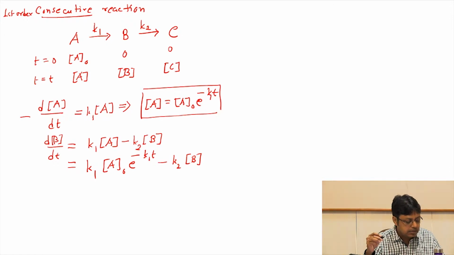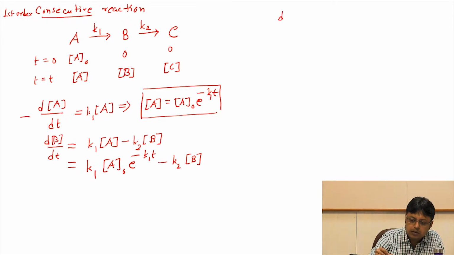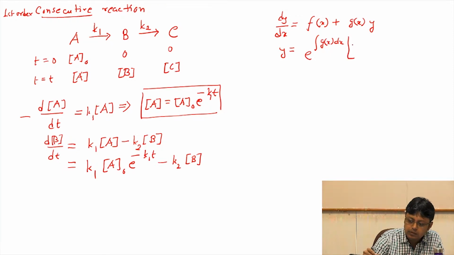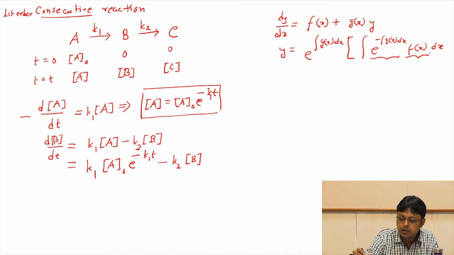For that we will use a standard integral. If dy/dx is something like f of x, where f is a function of x, plus g of x into y, then we'll use that y is e to the power integral g of x dx, times the integral of e to the power negative integral g of x dx times f of x dx, plus c, where c is the constant of integration.